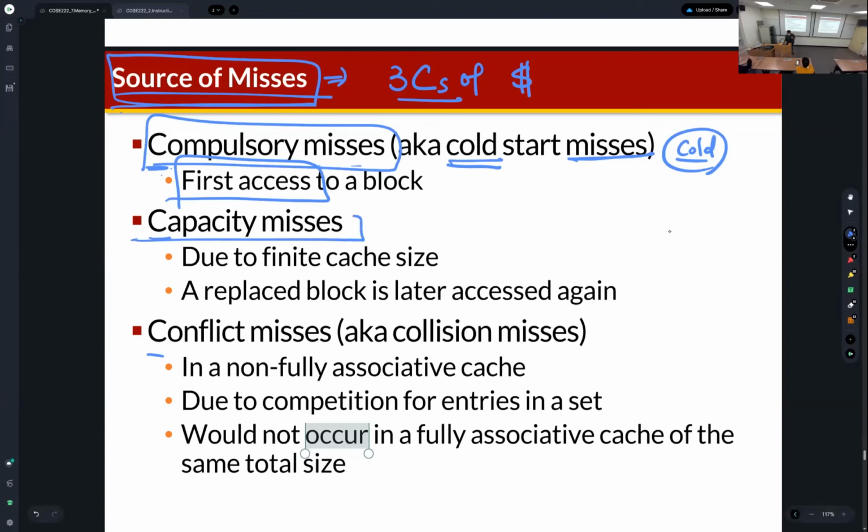And then the capacity miss. It's obvious that the cache size is smaller than the main memory, which means that because of the limited capacity of the cache, we cannot store every requested data in the cache. So some data is evicted from the cache, and when this data is re-referenced, it cannot be found in the cache.